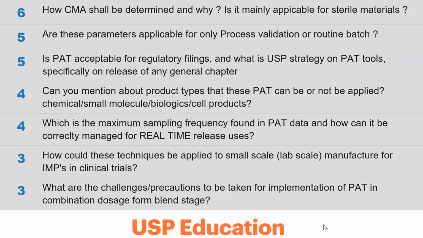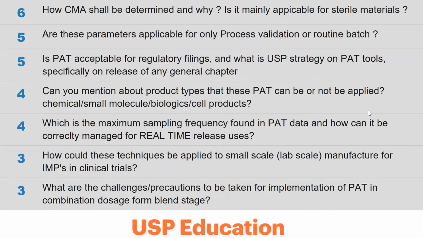How CMA shall be determined and why? Is it mainly applicable for sterile materials? I'm not sure what CMA is referring to. I'm guessing maybe it's CQA, and that can be a complicated question.